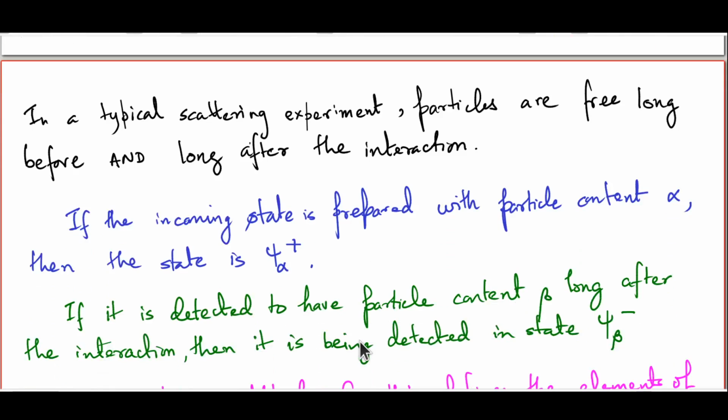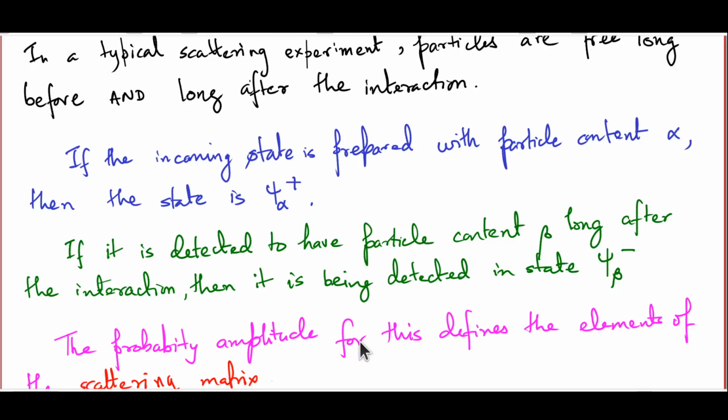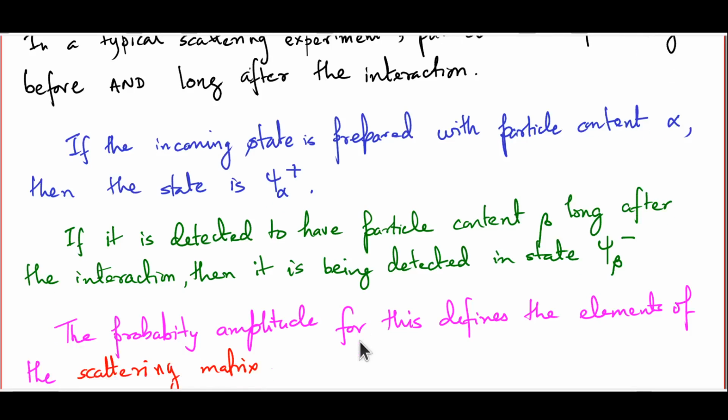So when you are trying to detect the final state, what you are trying to detect is whether the state of the system can be described by the particle content beta in the remote future. This, of course, means that what you're talking about is the state psi beta minus. In other words, you have created the system in psi alpha plus and you're trying to find out the probability of observing the system in the state psi beta minus.